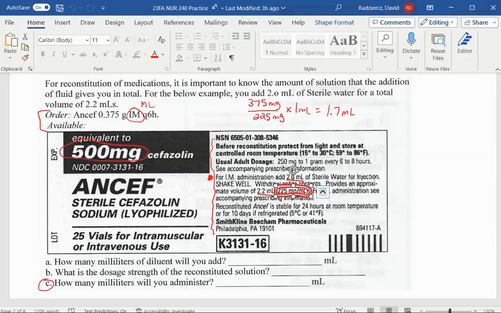I don't know if you will or will not, but if you get this question and you're wondering how do I figure out how many milliliters to administer, now you know at least where to look. You're going to look in the label. So you might see a question like this on ATI, maybe on NCLEX, potentially on your drug calc test as part of your reconstitution questions. So just letting you know.